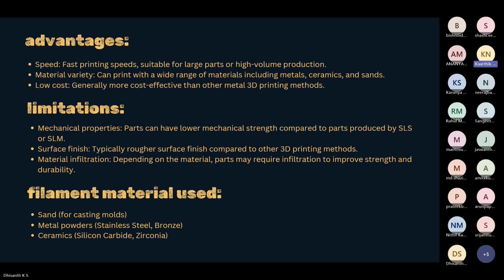Limitations are mechanical properties, as parts can have lower mechanical strength compared to parts produced by SLS or SLM. Surface finish: it has a rough surface like FDM or DED compared to other 3D printing methods. Material infiltration: depending on the material, parts may require infiltration to improve strength and durability. Filament materials used here are sand, metal powders, and ceramics.